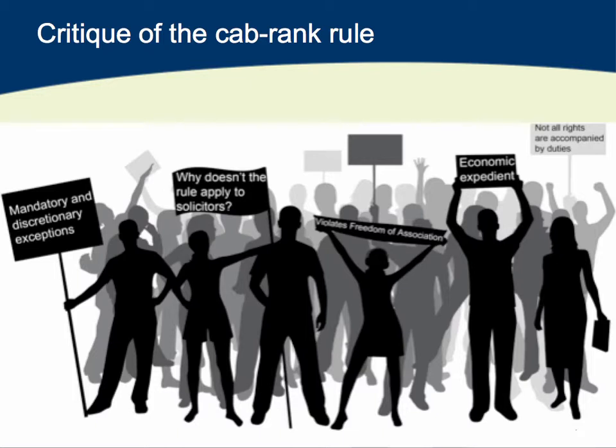There is at least one obvious advantage to this obligation that the cab rank rule places on barristers, in the sense that it insulates barristers from criticisms that they are in some way inflicted with the moral flaws of their clients. The cab rank rule assists barristers in Australia to take unpopular cases.